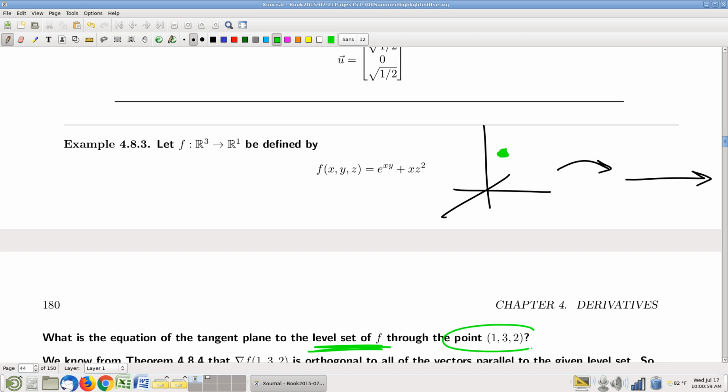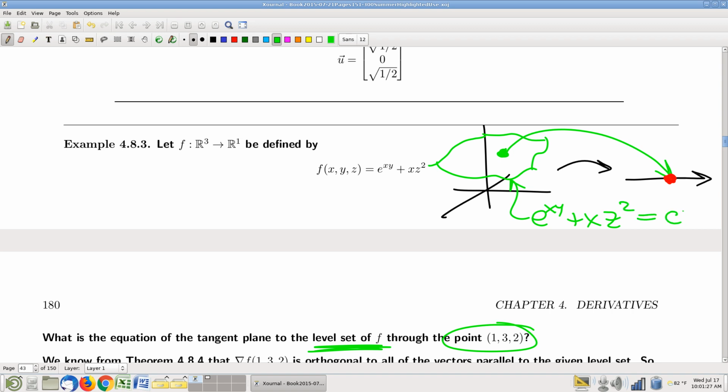That point has a certain output value, and if we look at the corresponding level set for that output value, we get some surface. I'm not exactly sure what that surface looks like, because, my gosh, look at the equation. The equation of this surface is e to the xy plus xz squared equals whatever that constant is.